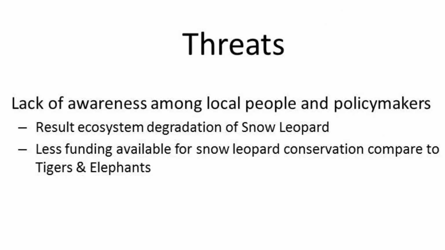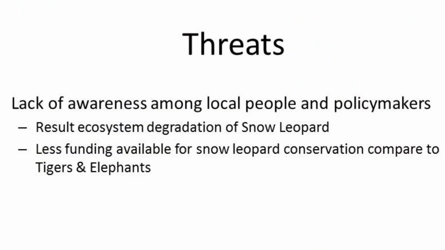Coming to the other threats: lack of awareness among local people and policymakers. There is a significant lack of awareness and understanding of the dilemma of the snow leopard, the value of the snow leopard, its prey and habitat, and the local and regional consequences of the ongoing degradation of its ecosystem.